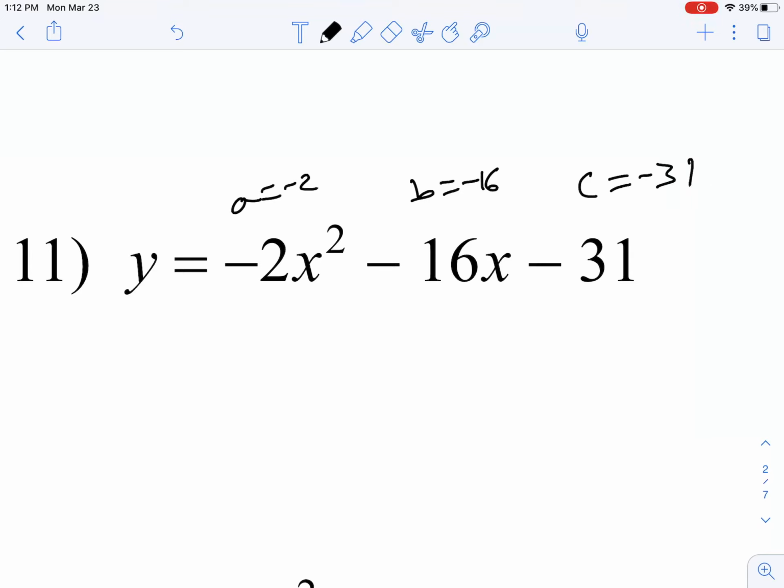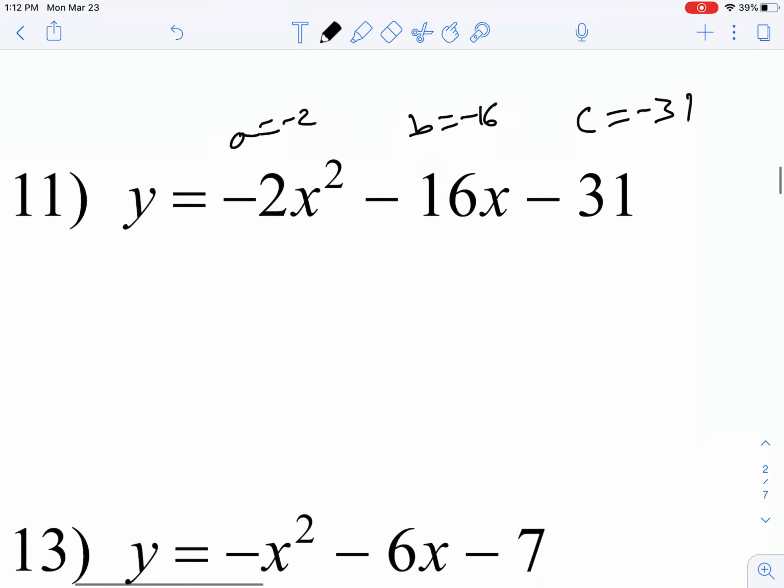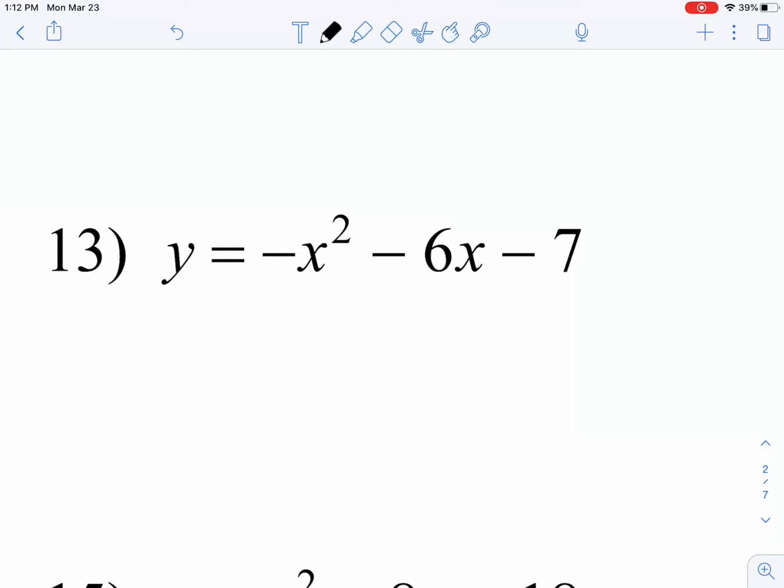So in this one we had a -31, that's fine. That's what C is, it's -31. Again, we do use the signs, so this is a -1x squared minus 6x, so that's a -6, minus 7. I am using those signs.